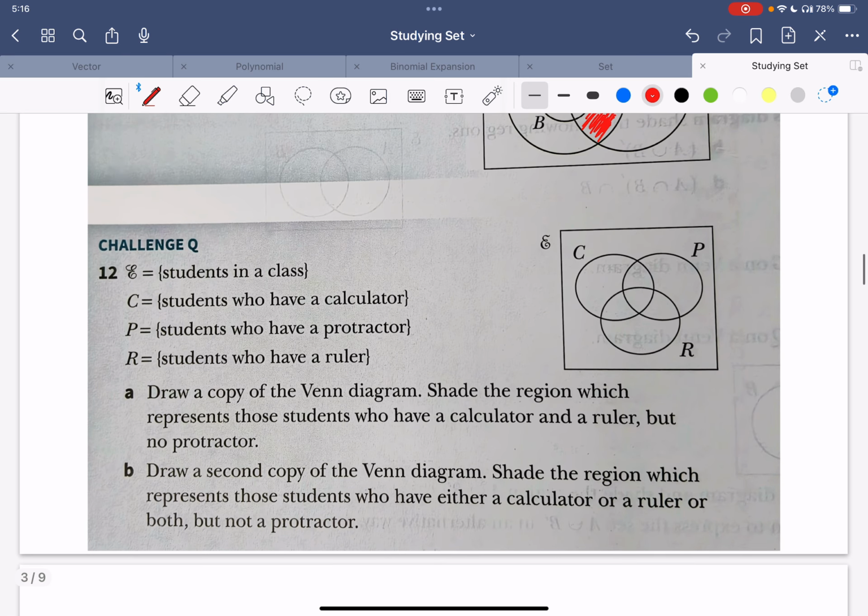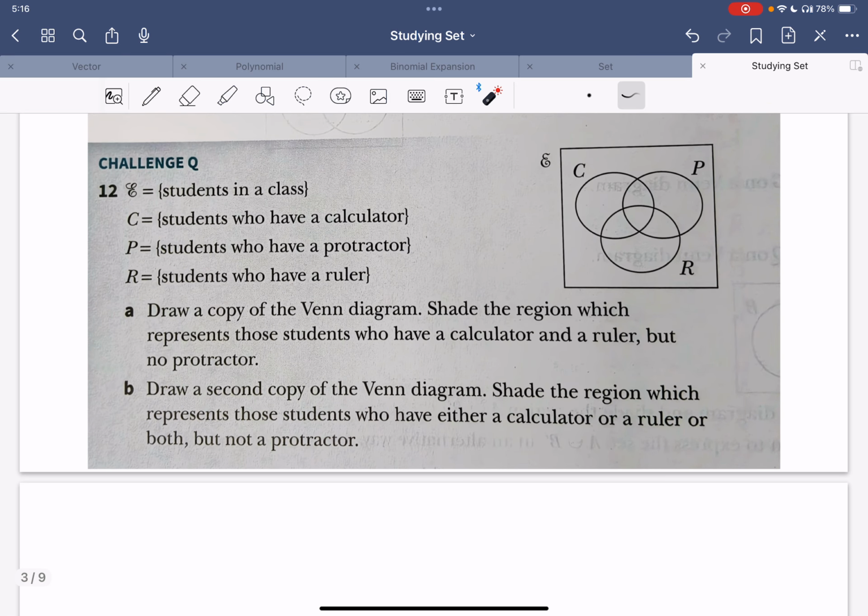Okay, next one. Question 1, draw a copy. Then you can pause the video to draw your answers and compare your answers to mine. Shade the region which represents those students who have a calculator and a ruler, but no protractor.